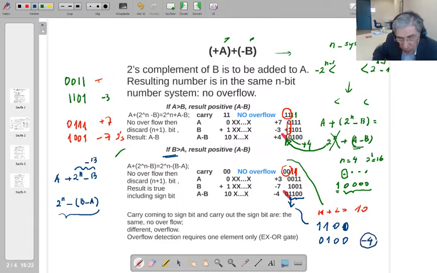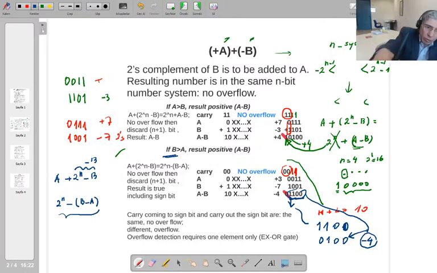How did I say that it is minus 4? Because I said this is a negative number. The value of this negative number, I said it is 4 here. So this 2's complement representation is minus 4. So that means, in this case, my conclusion is that the result, including the sign bit, is correct.